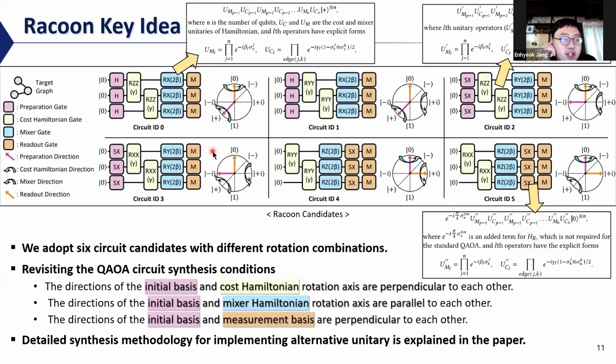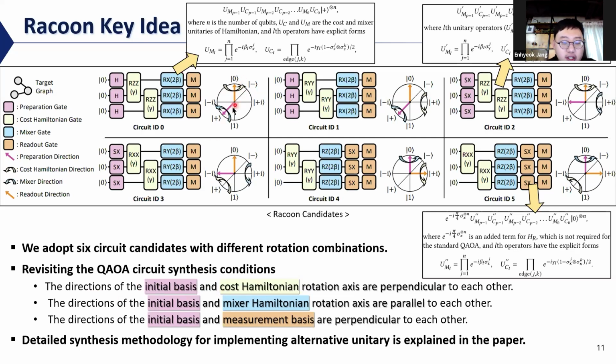Here is Raccoon's key idea. We consider six QAOA candidates to achieve an identical training process to the standard QAOA circuits. There are three rules. The first one: the initial basis, the purple arrow, and the cost Hamiltonian rotational axis should be perpendicular to each other.